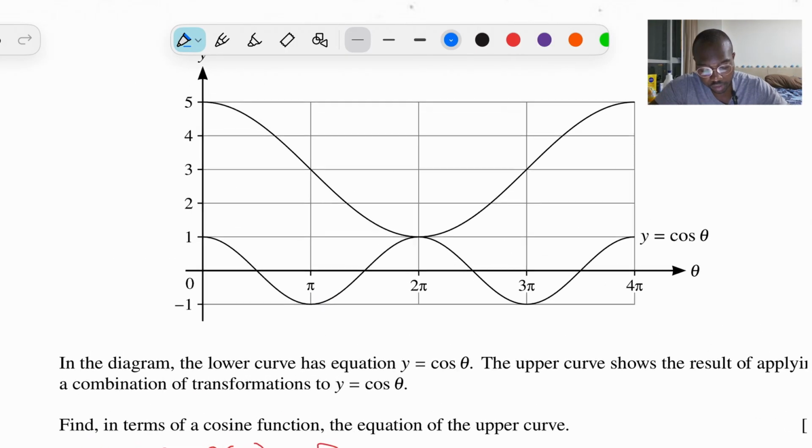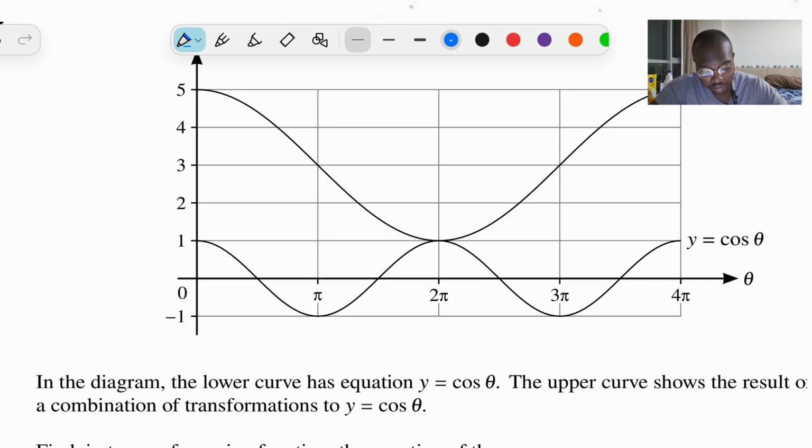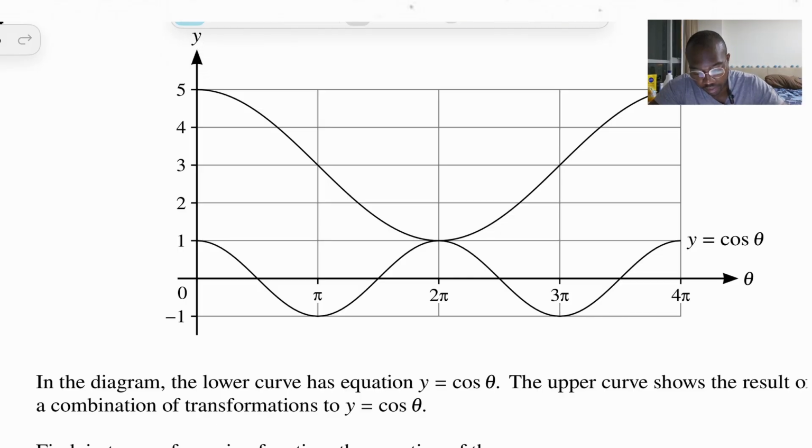So the point I'm going to use now is, let's use this point here, okay? At this kind of midpoint, we know that this value here is pi over 2, okay? So we know that this is pi over 2, it's in the middle of 0 and pi, and that maps to this point here, which is pi.